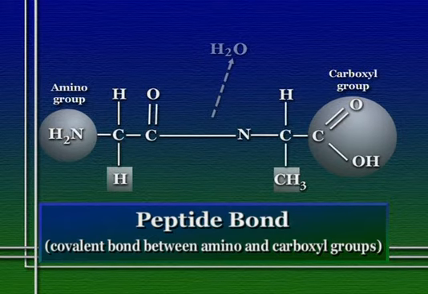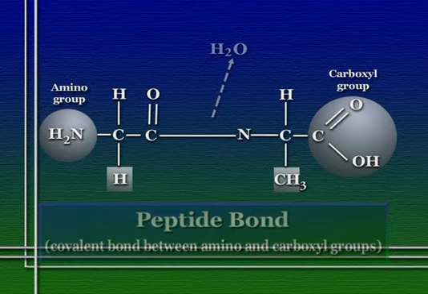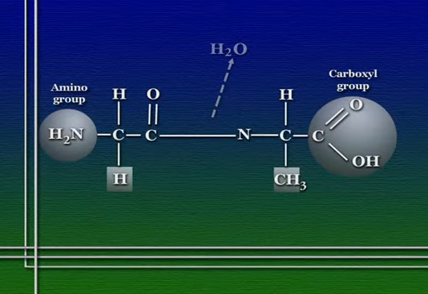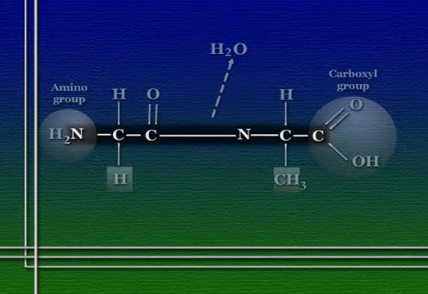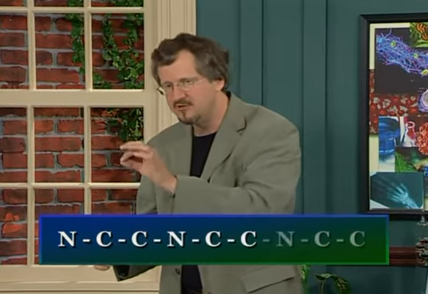Now, the other important point to understand from this is that the resulting pattern in a chain of amino acids has what I'll call a backbone of repeated nitrogens and carbons. In other words, if you read along a chain of amino acids, element to element, you would see a nitrogen, a carbon, a carbon, a nitrogen, a carbon, a carbon.